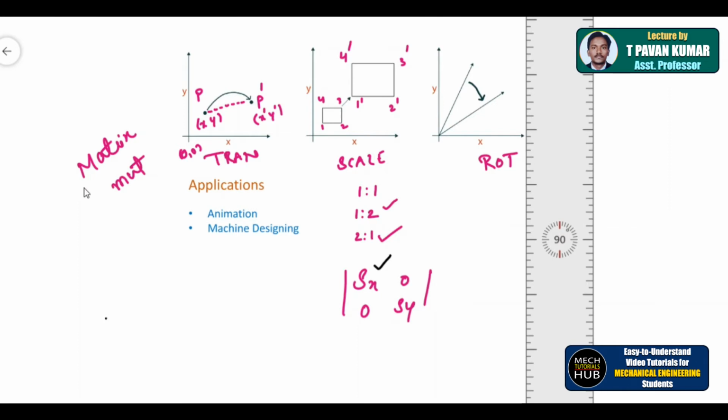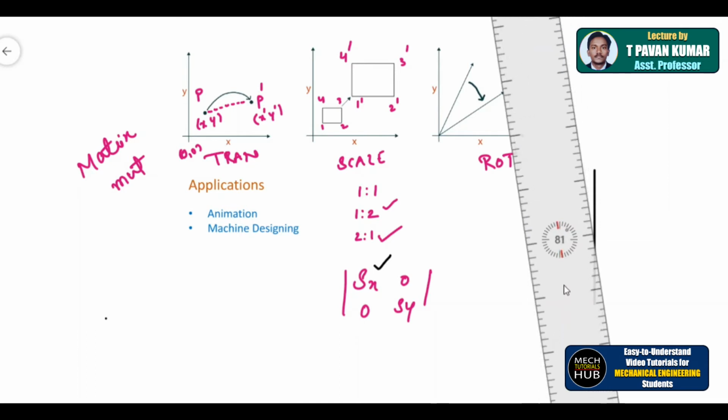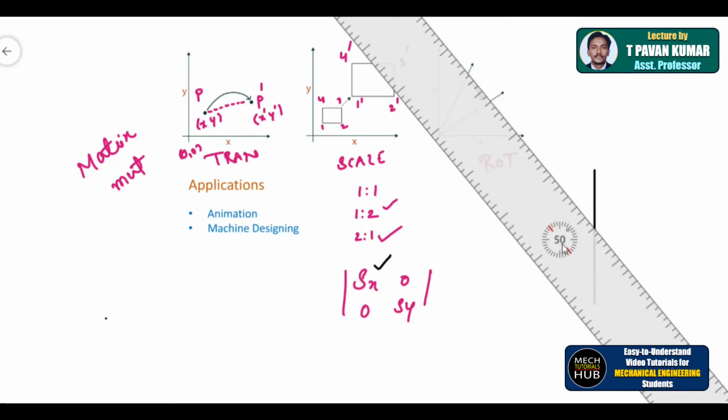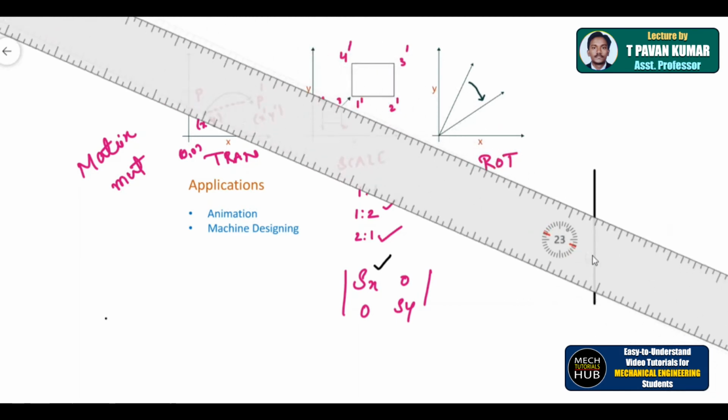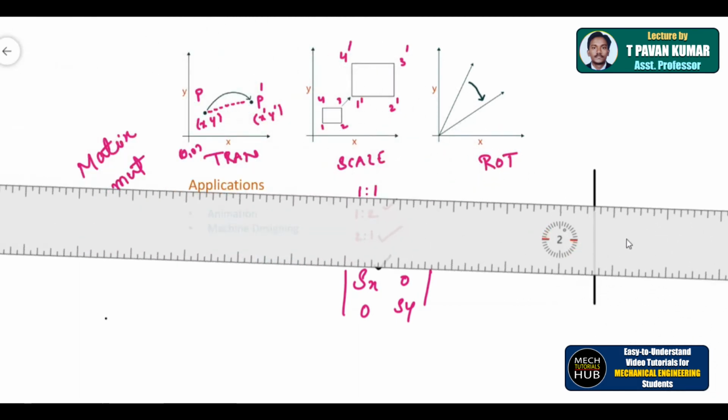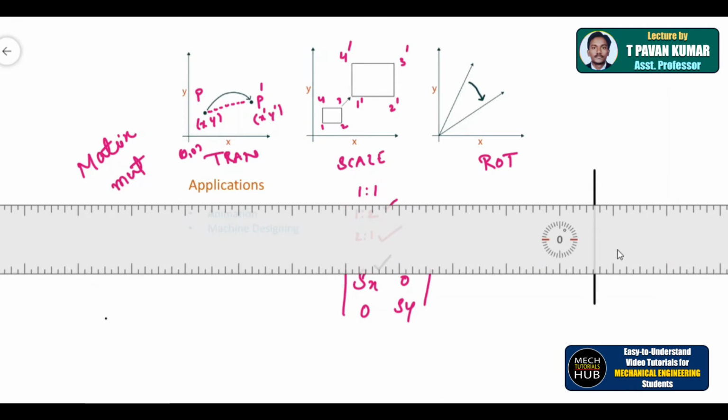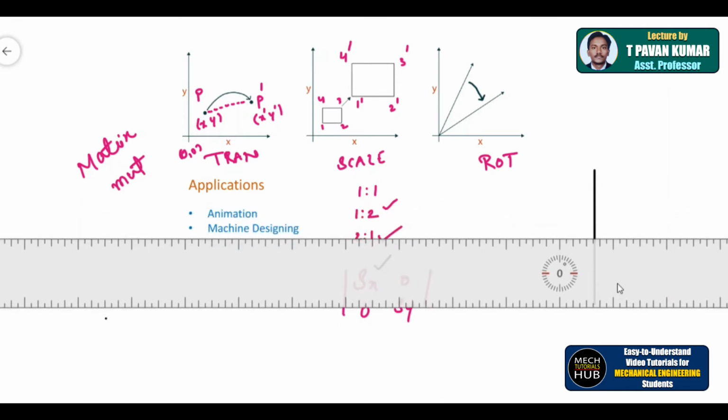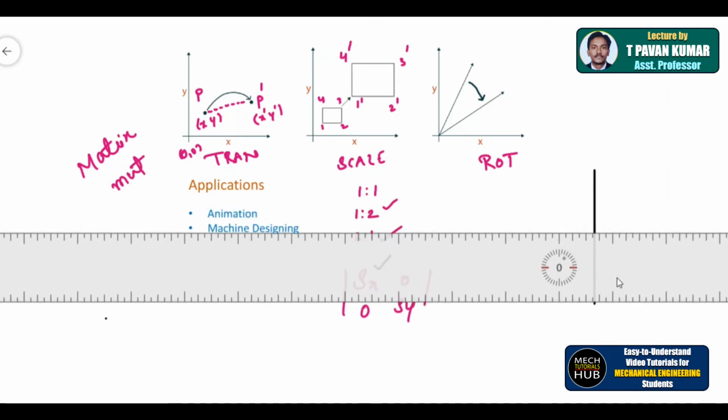Let me simply draw a vertical line, followed by rotating the scale again to 90 degrees. Alright, let me take it somewhat down just to draw the coordinates. This will help me to draw the coordinates properly so that I can make you understand better.